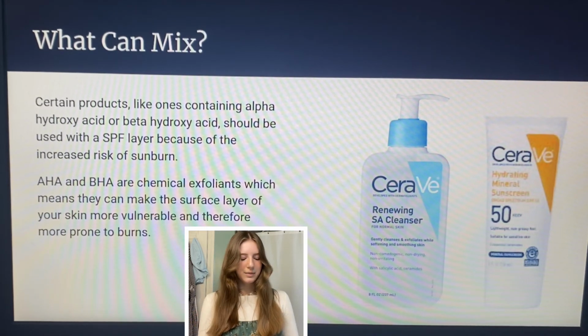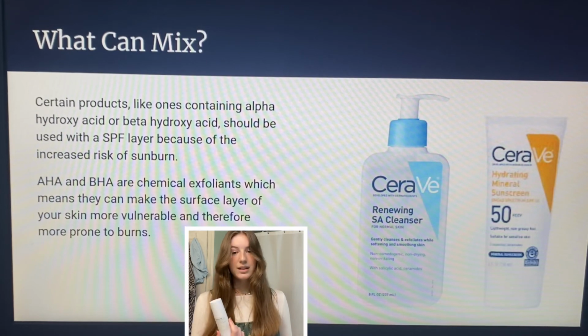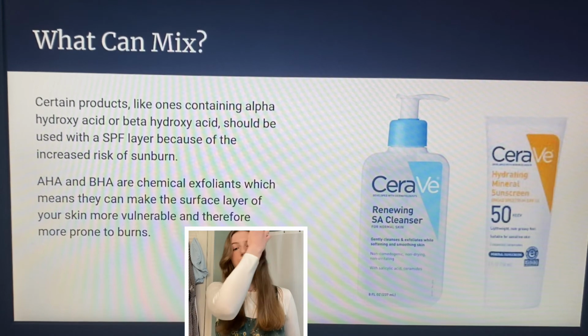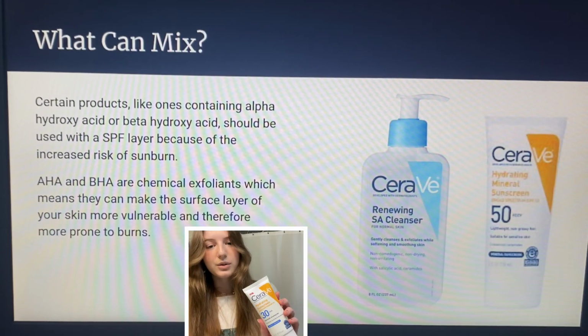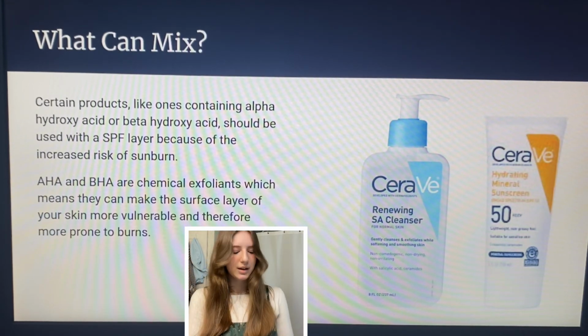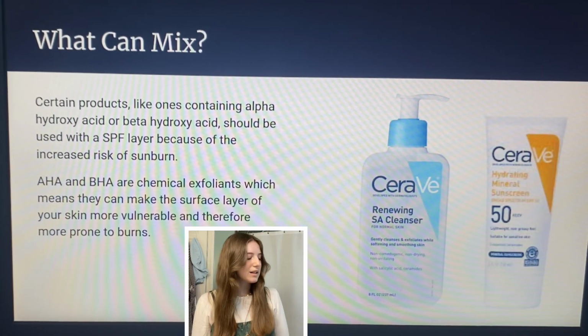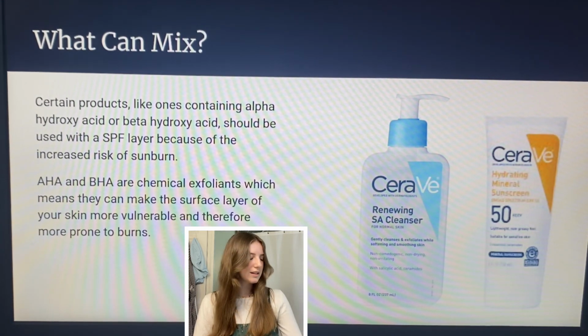So if you're using something like this where it has salicylic acid, glycolic acid, you should be wearing sunscreen at all times, but especially if you're using products that could lead you to be more likely to get sunburns. This is the one that I use. It's just 30 SPF. That's enough, just every day, to keep your face from getting sunburned. But this is something that you should be mixing together just for the overall health of your skin.